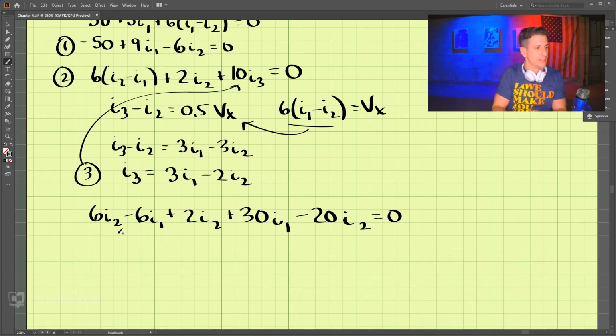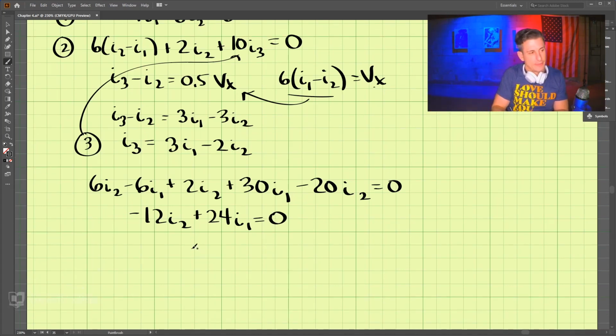Okay, so let's combine some terms. That's 8I2 minus 20, that's negative 12I2. And then we have plus 24I1 equals 0.